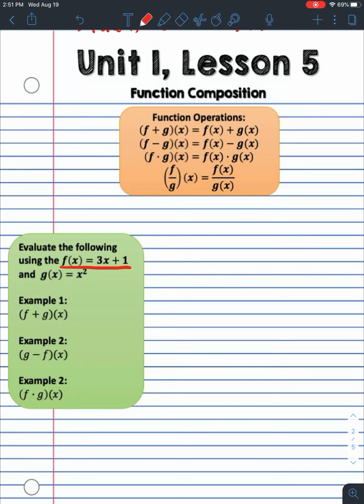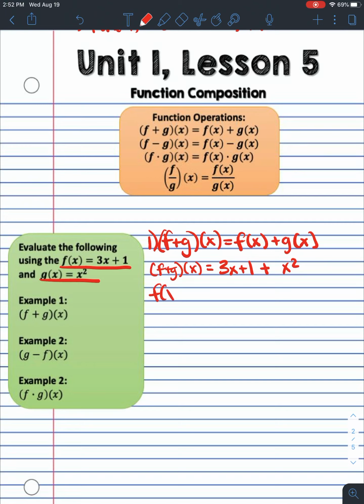So we're going to use these functions, f of x and g of x. Example 1, we're going to do f plus g of x. That's the same thing as saying f of x plus g of x. So f plus g of x is, instead of writing f of x, I'm going to do 3x plus 1 plus g of x, which is x squared.